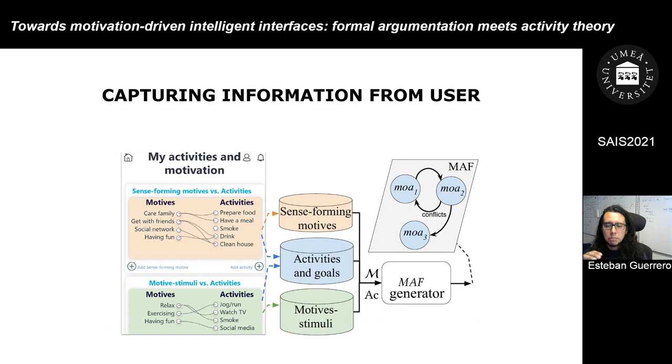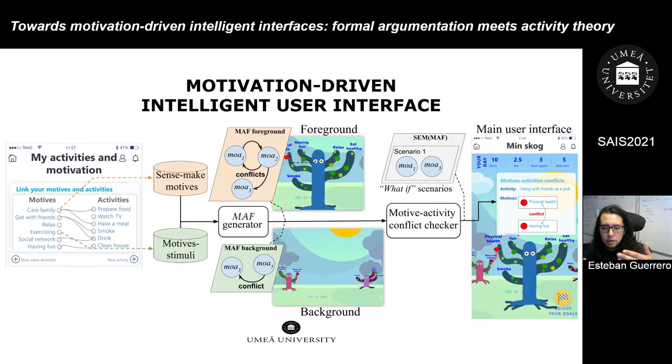In the end, the users provide the system with different types of motives and activities, and we create two types of user interface: in the foreground, the stimuli MOAs, and in the background, the more stable, sense-forming MOAs.